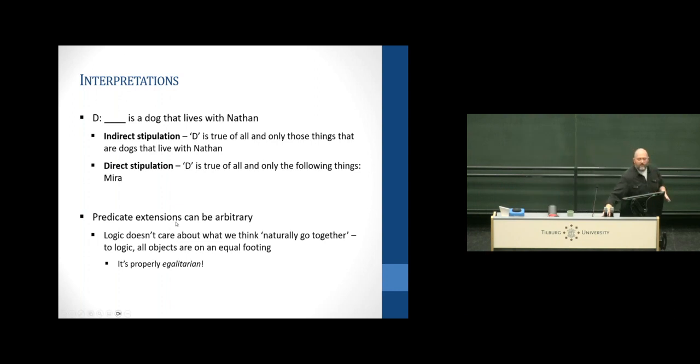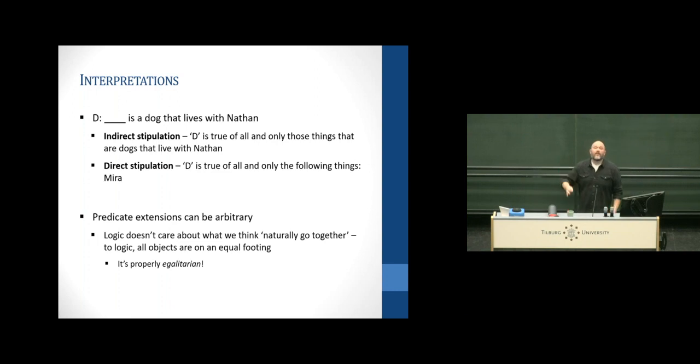This is important because it stresses again that there's a deep sense that formal logic doesn't really care about what things go together in any kind of natural way. Formal logic doesn't care. It's genuinely egalitarian. Any way of carving up the world is just as good as any other one. What that means is that reading the extension of D as Mira is just as good as reading the extension of predicate D as every person who's in this room.